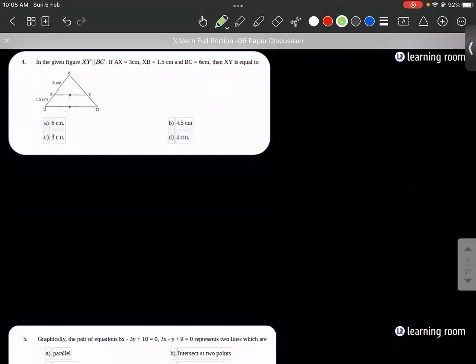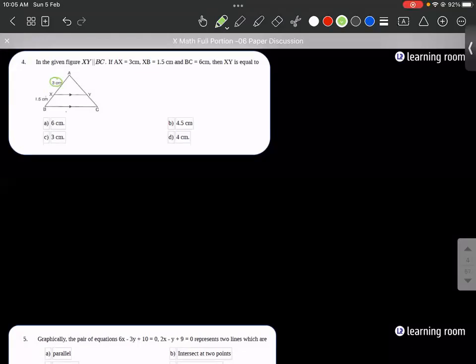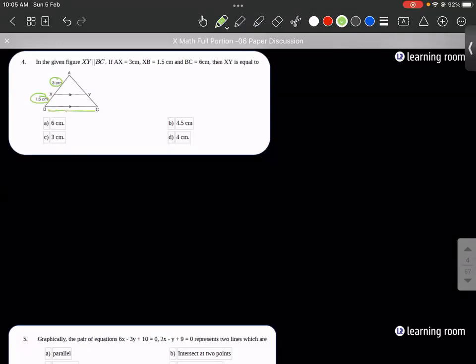So in the given figure, XY is parallel to BC. AX is 3 centimeter, XB is 1.5 centimeter, BC is 6 centimeter, then XY is how much? 3 centimeter. How? If I take this to be x, this is the common mistake we make.